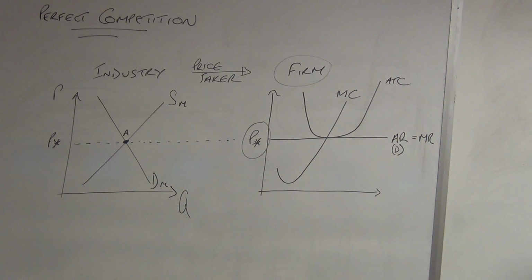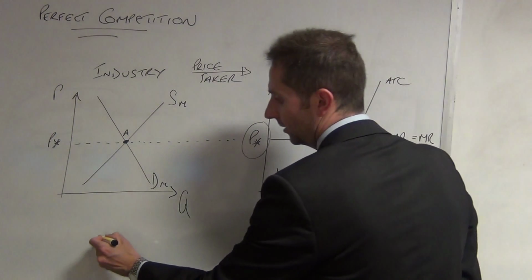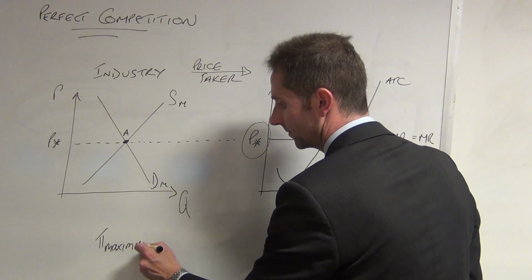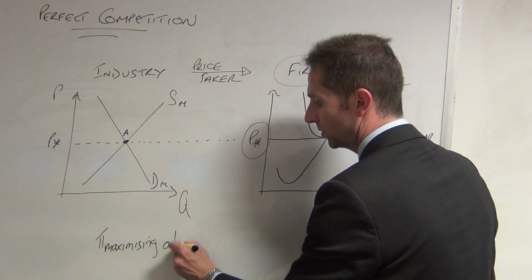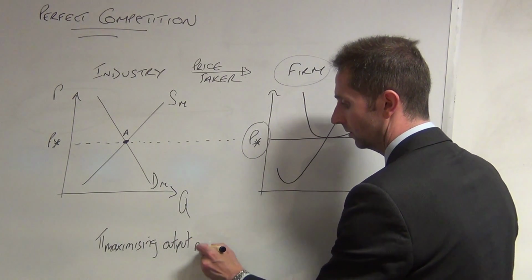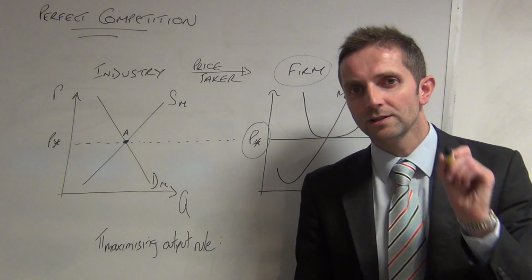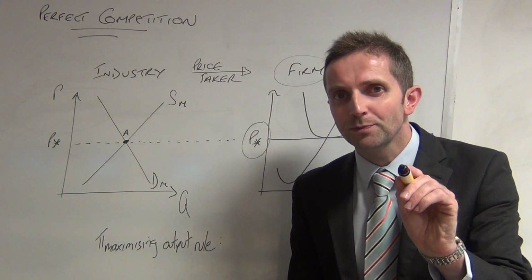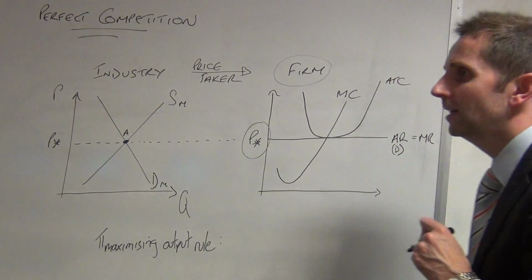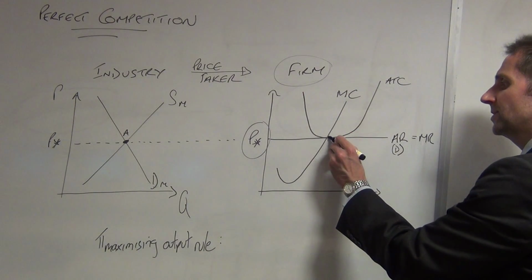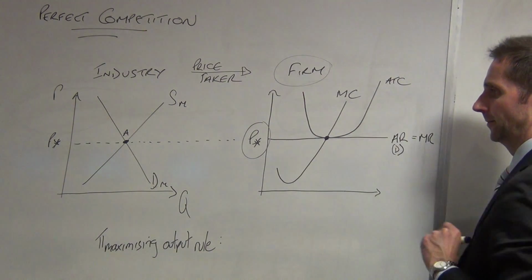Now, you will know that there is a profit maximizing output rule. And that profit maximizing output rule says you will maximize profits where MC equals MR. Where does MC equal MR? MC equals MR right there.